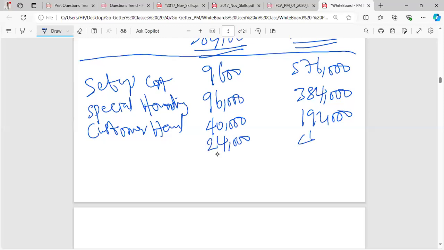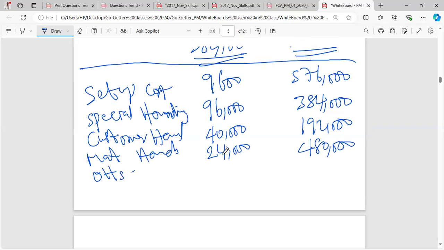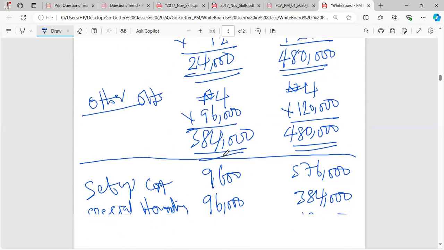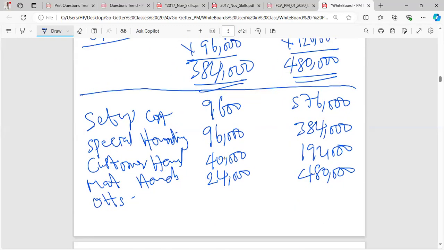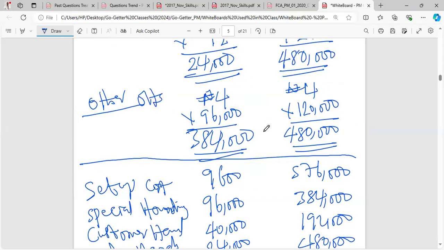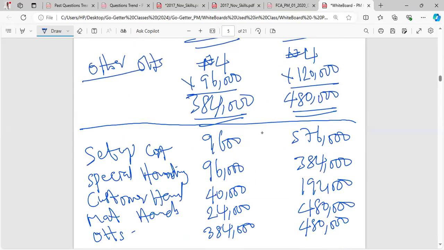And the last one is other overheads: 384,000 and 480,000. So this 480,000 appears in two places. Oh, that's fine.